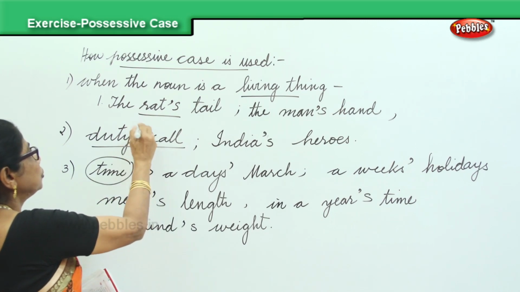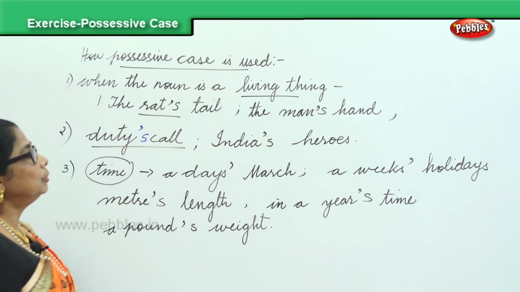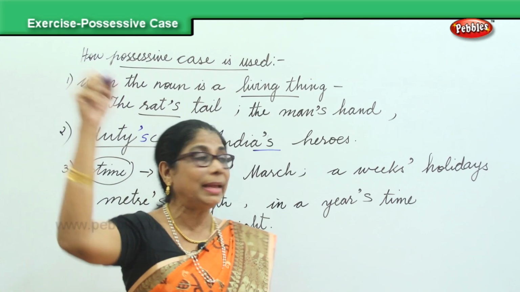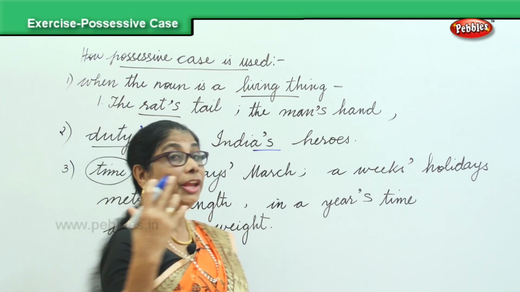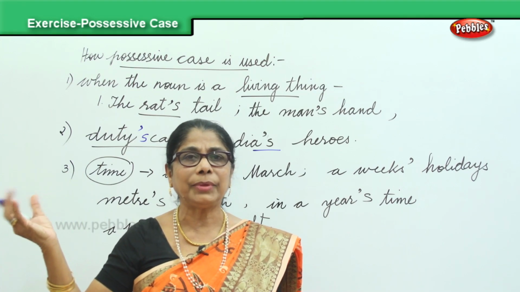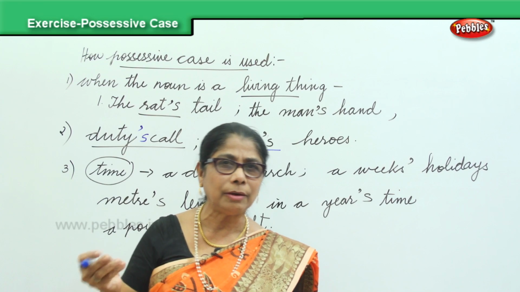You put the apostrophe and then the S. Then you say India's heroes or England's children. In the personified form, we talk about duty, India, all that.